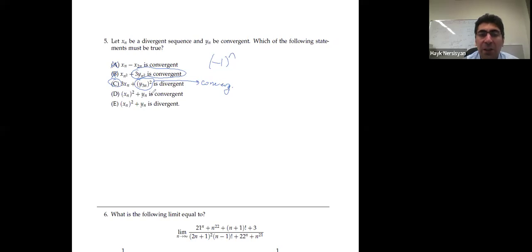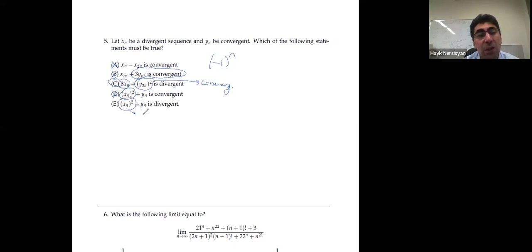Xn squared plus yn convergent. No, because yn squared still might be divergent. Drop this. Xn squared plus yn is divergent, so it is similar to C. But what is the main difference? We know that 3 times xn is divergent. That's for sure, which we can't say about xn squared.